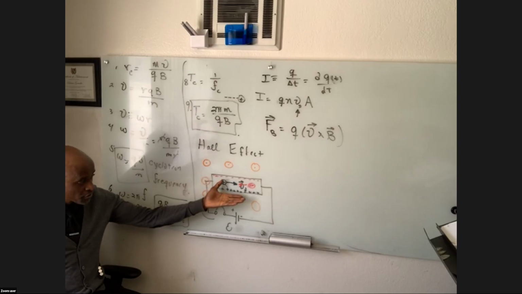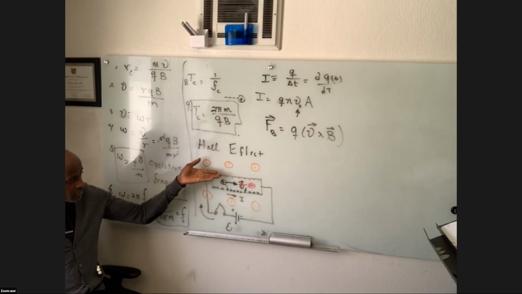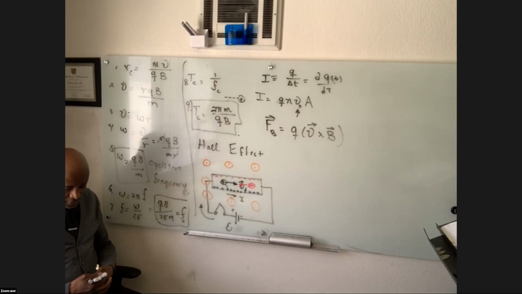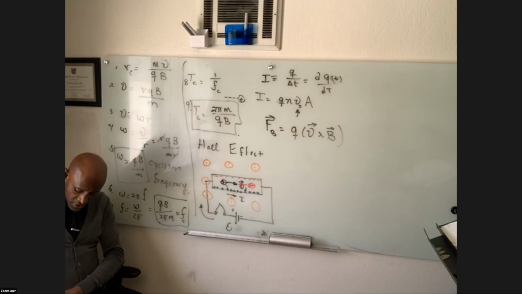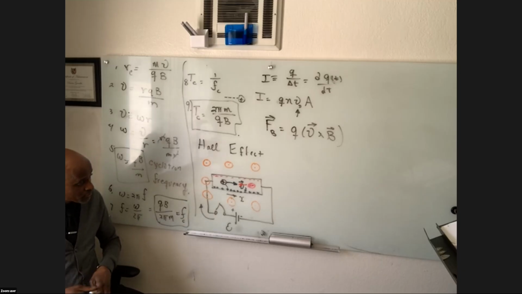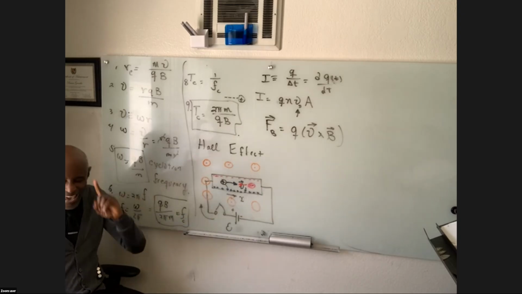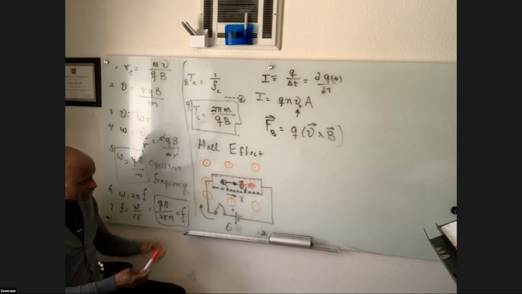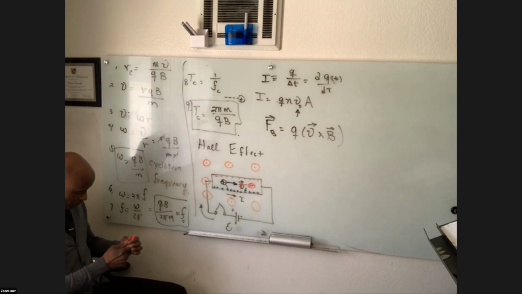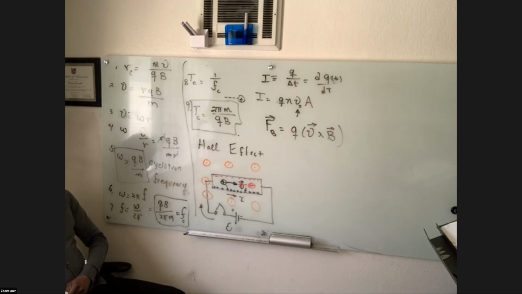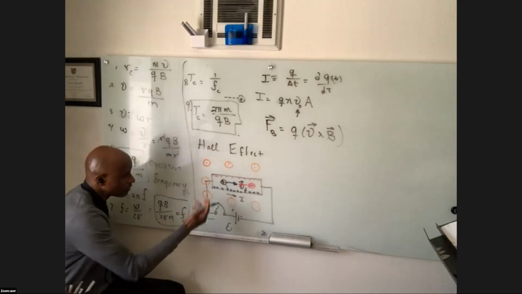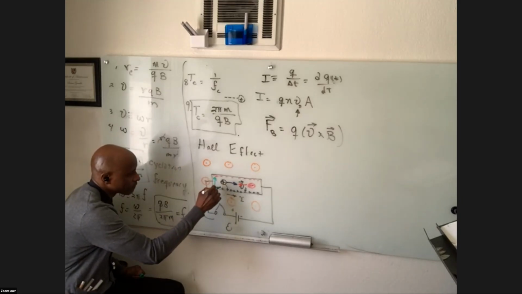You have positive charge accumulating on the bottom, negative charge up there. Well, it looks kind of like a capacitor. You're going to start to have an electric field that is perpendicular to the direction of the current and perpendicular to the direction of the external magnetic field. And that is going to be pointing up, like that.